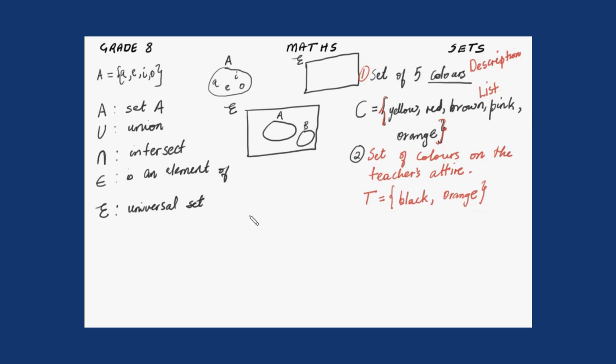Let's say you have a statement like this: yellow is an element of set C. Yellow is an element of set C. This is the statement, guys.